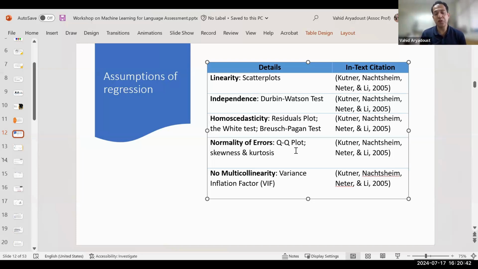But I should say, unfortunately, JASP doesn't save it. So if you want to save the error of your regression model, you have to use a different software like Jamovi. Jamovi is also free software, so you can use that easily. Then you can run the skewness and kurtosis analysis on that variable, and you can determine whether your residual data is normally distributed.